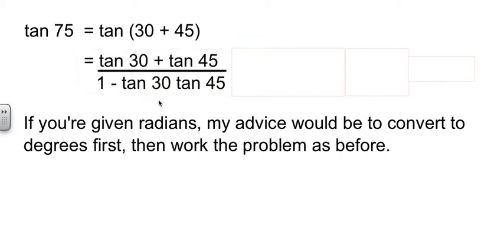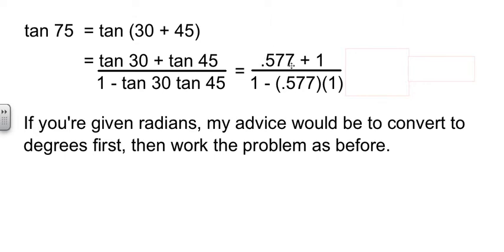So I'm going to put those in. 30 is A and 45 is B. And then I'm going to get my values. Tangent 30, tangent 45, and then again tangent 30 and tangent 45. Clean up some arithmetic and get to our final answer. Again, work must be shown.